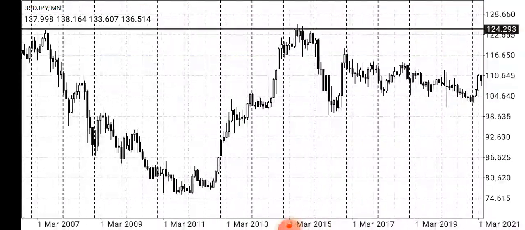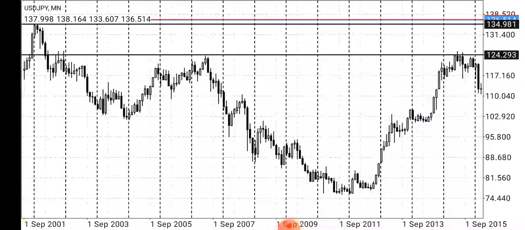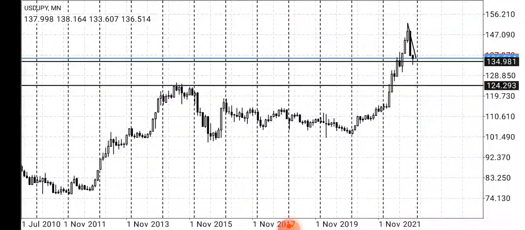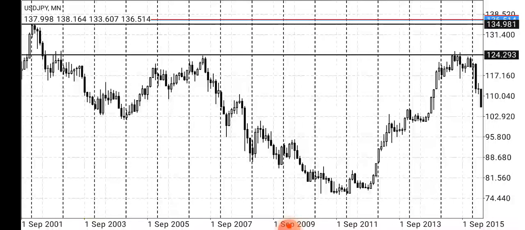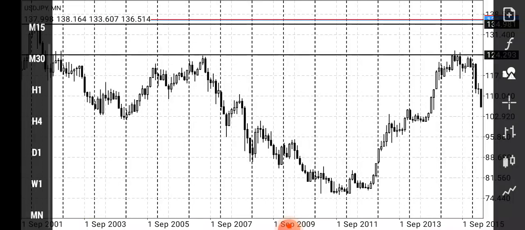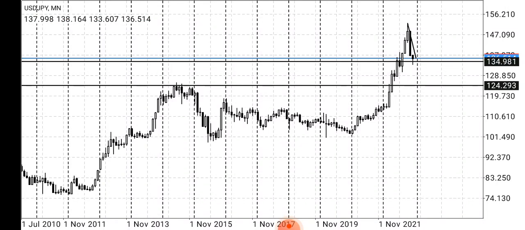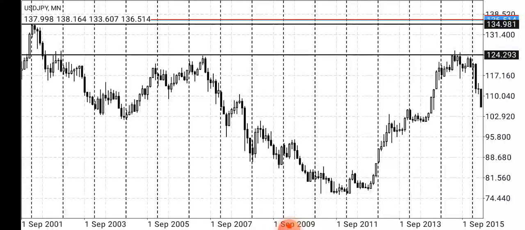And look at this pair from the previous price data. You realize this market has made another high, which is a new high. USD JPY has made a new high.